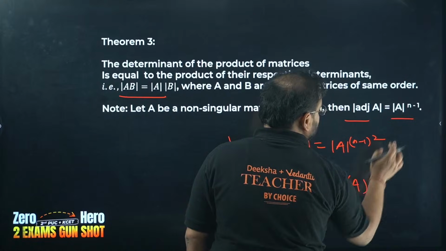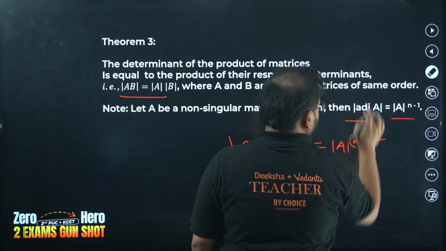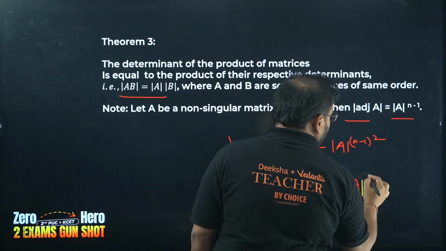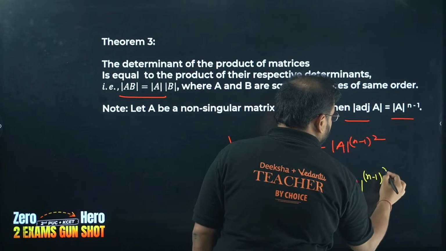Excuse me, my bad guys, very important, not silly at all, very important property. Determinant of A power n minus 1 power m.